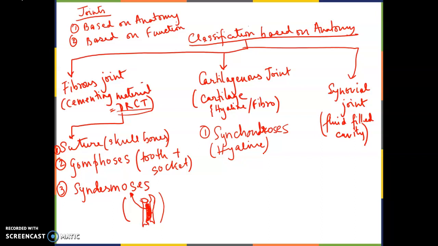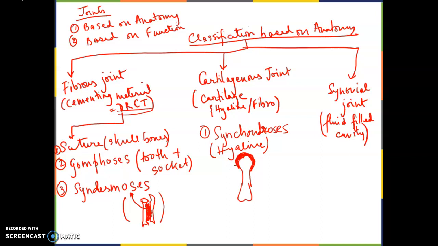A classic example is articular cartilage. Do you remember that the end of a long bone has this hyaline cartilage right here, and this helps in articulation.